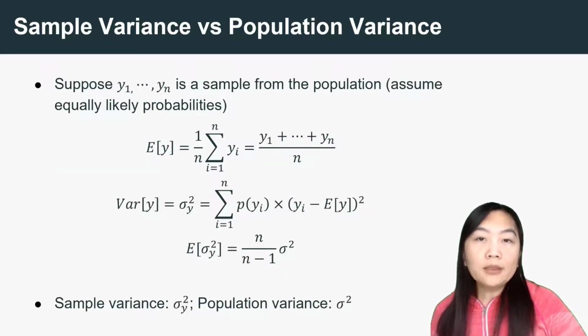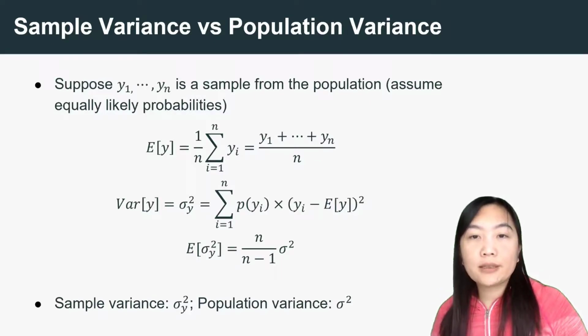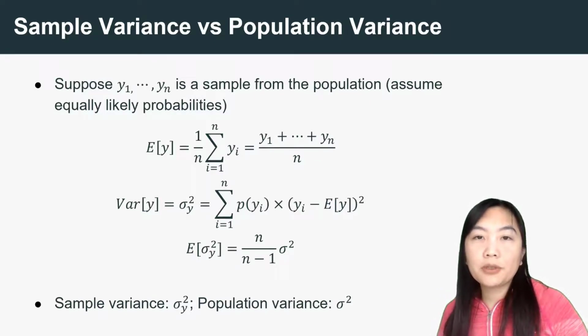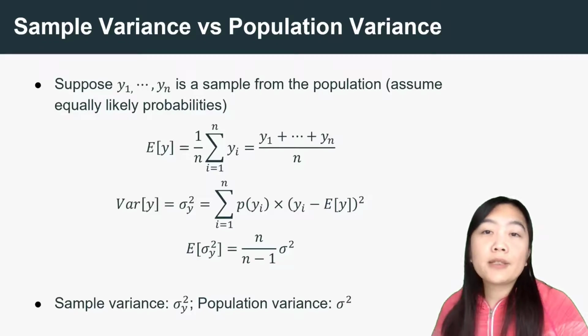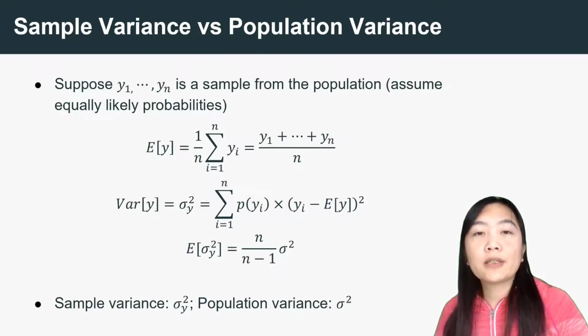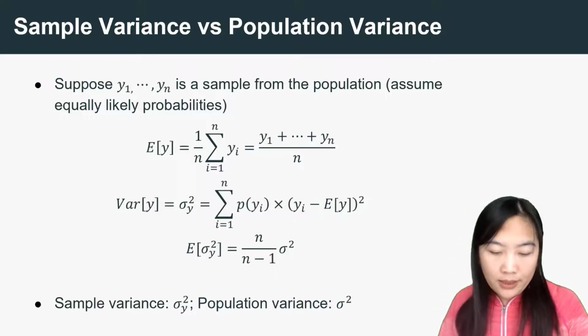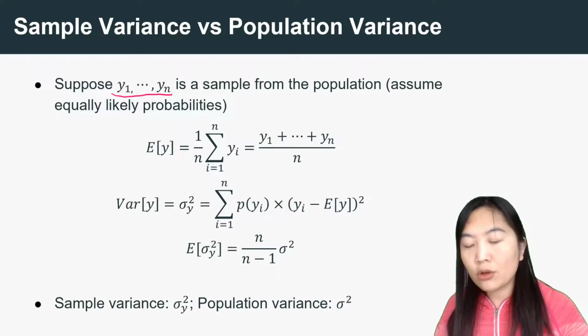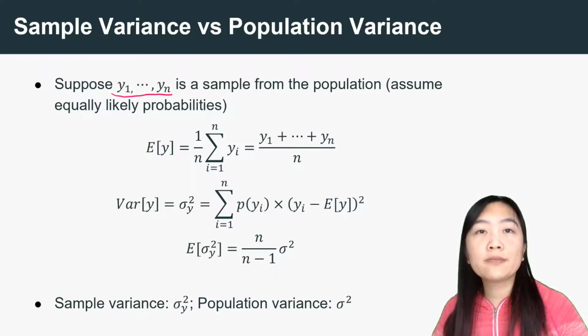So here I want to emphasize again the difference between the sample variance and the population variance in terms of their mathematical expression. Again, assume you draw a sample from the population.